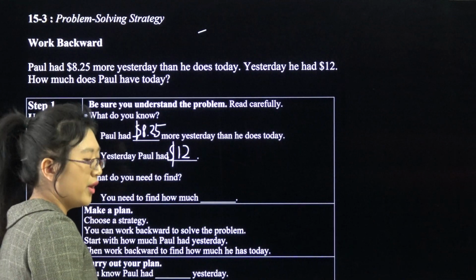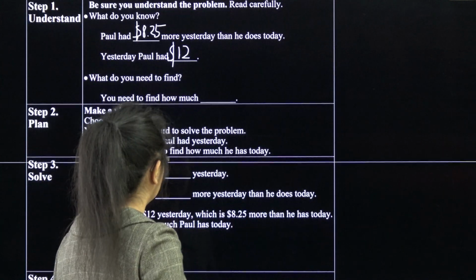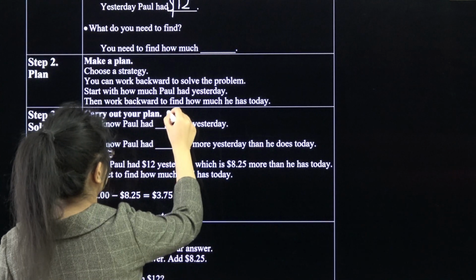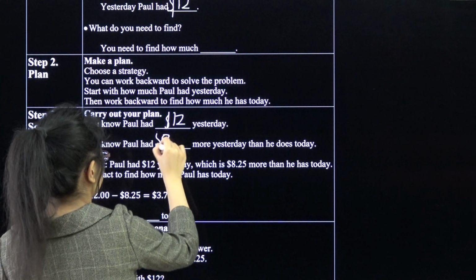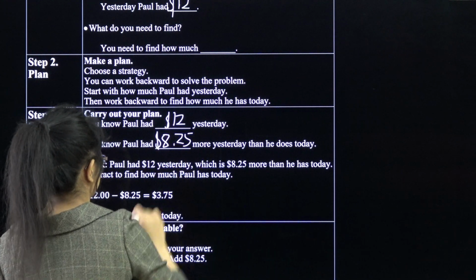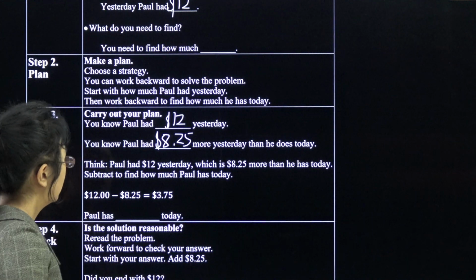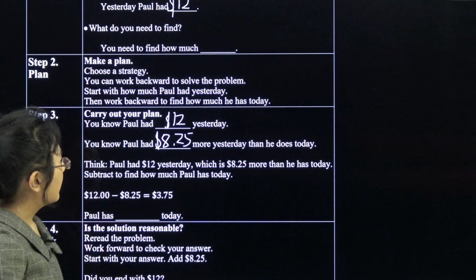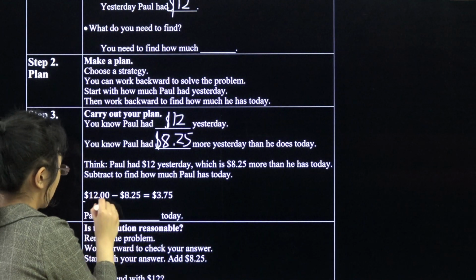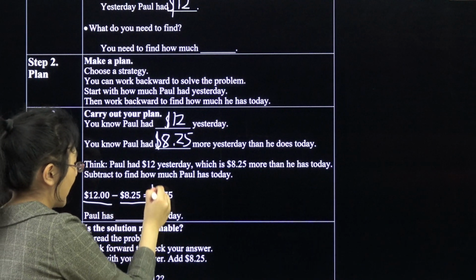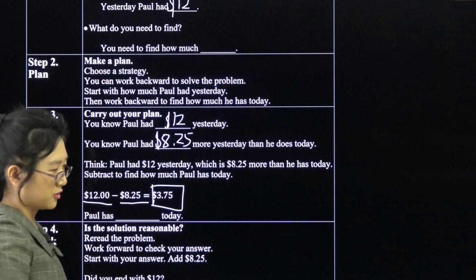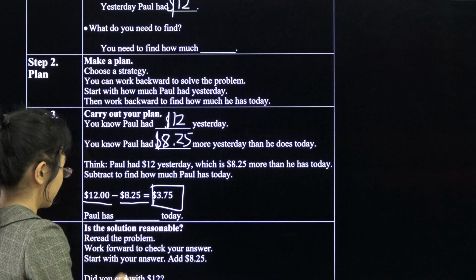Carry out our plan. We know that Paul had $12 yesterday. And we know that he had $8.25 more yesterday than he does today. Which means that today he has $12 minus $8.25, which means that he has $3.75.